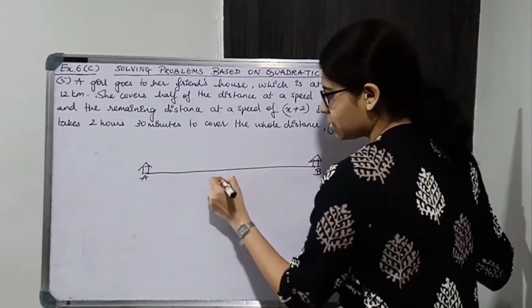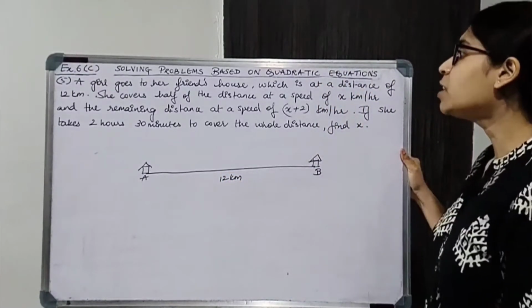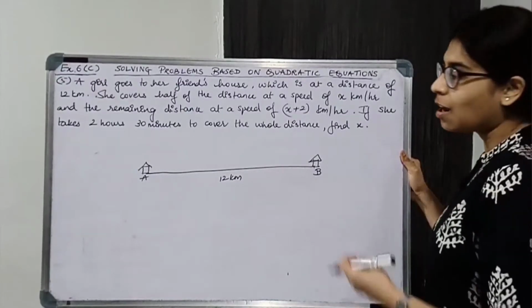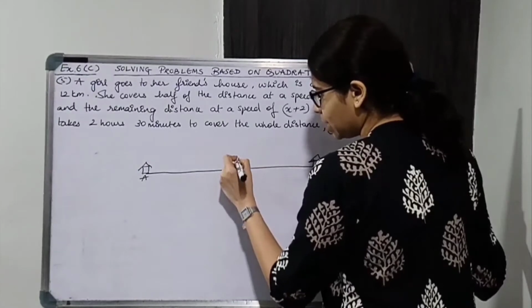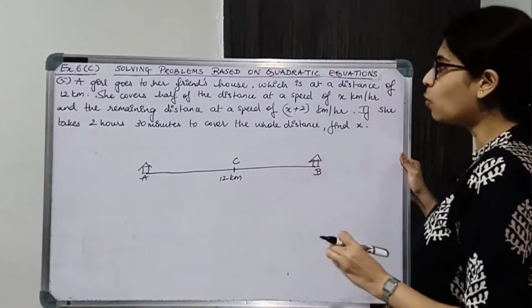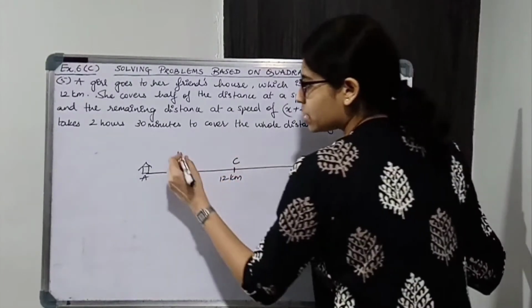From A to B it is 12 km. Okay. She covers half of the distance at a speed of x km/h. Half of the distance. So midway. Okay. Let's say this point is C. So for half the distance, at which speed is she going? x km/h. So from here to here, what is her speed?